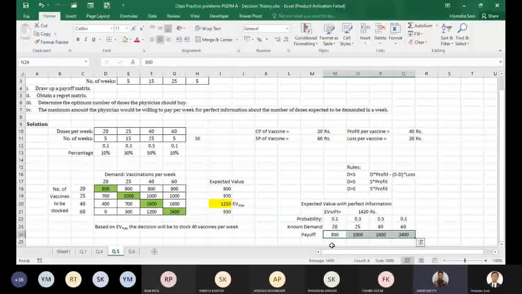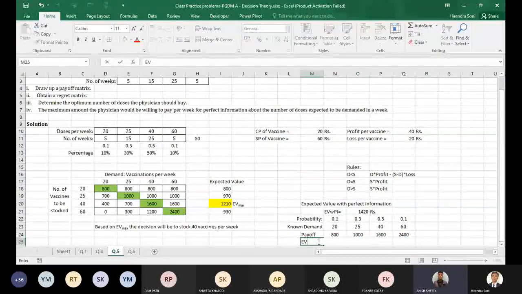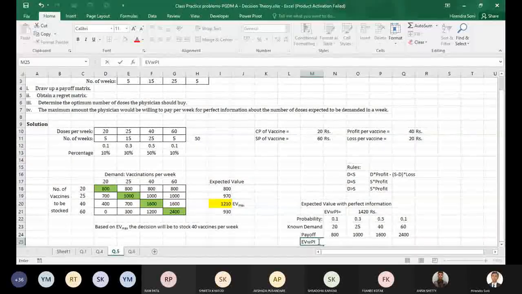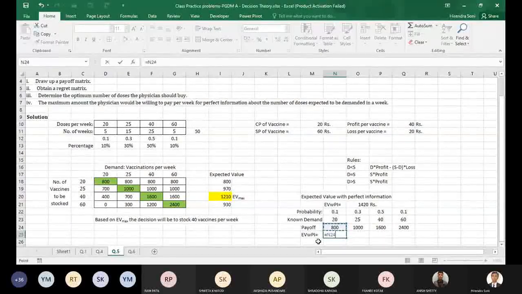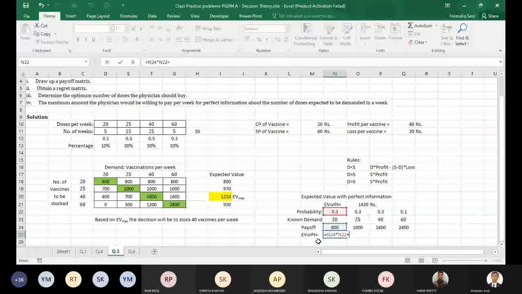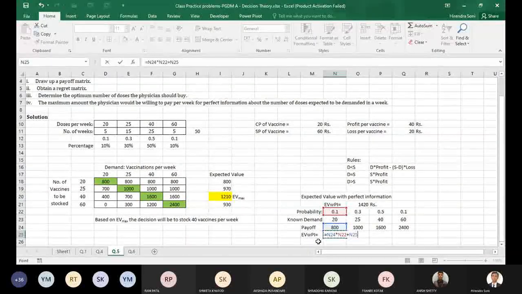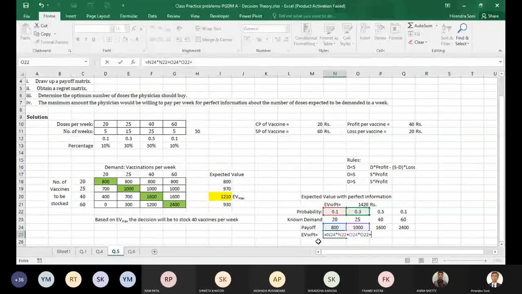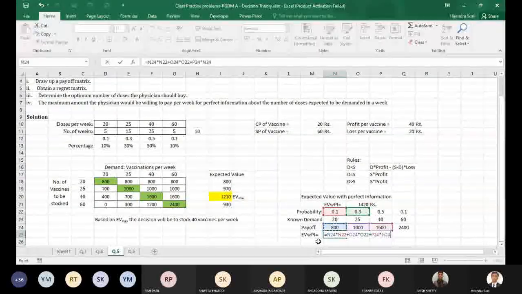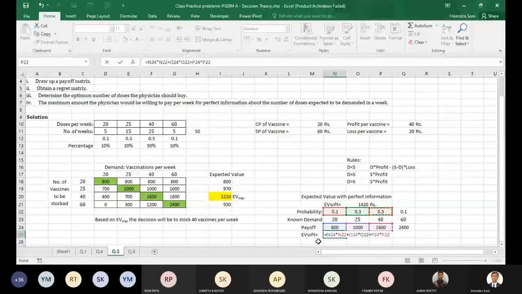Yes. So मेरा expected value with perfect information will be equal to this into probability plus this into its probability plus this into its probability plus this into this probability.